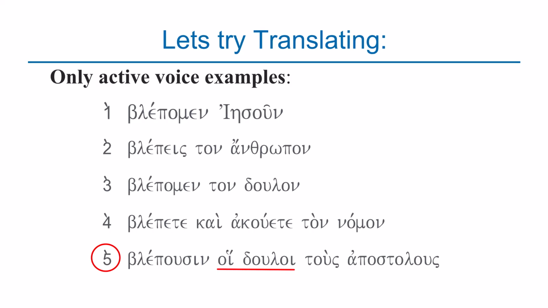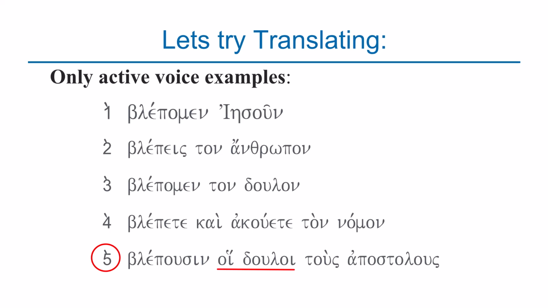So when we're translating, we have to start with this part because this part is the subject of the sentence. And this part, hoi, for example, is a definite article. It means the. Duloi, that ending there is in the nominative plural. It's coming from the word doulos, and doulos means servant. Since now it's douloi in the plural, it means servants.